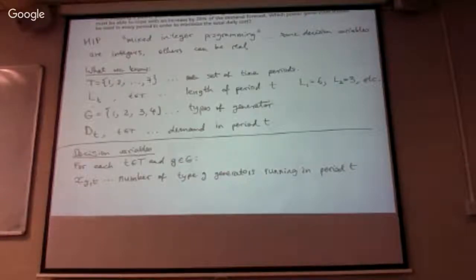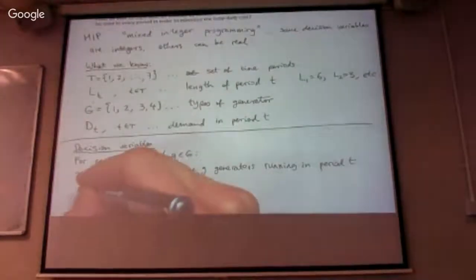Increase in output. That's what you mean. Okay. We call it E for extra power. E for extra power. E_GT.